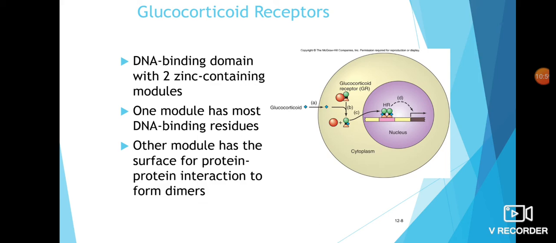One module has most DNA binding residues, the other module has the surface for protein-protein interaction to form dimers. To refresh your memory, these nuclear receptor superfamilies are of 3 types: type 1, type 2, and the orphan family, type 3. Type 1 receptors are all steroid receptors, type 2 are thyroid, vitamin D, retinoic acid receptors. So this is the general structure I mentioned in this diagram.